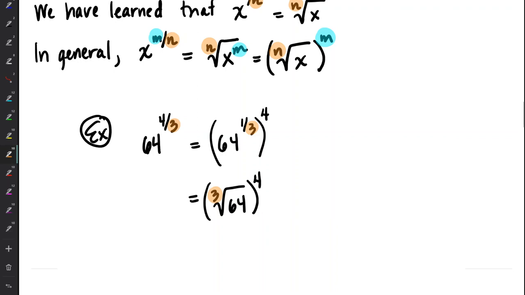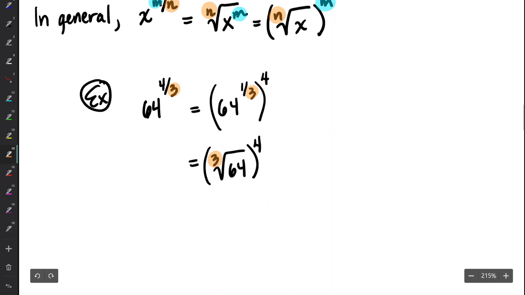I don't want to do 64 to the 4th, that's some big giant number, and then cube root it. I mean, I could, but 64 cube rooted is 4. And why is that? That's because 4 times 4 is 16, times 4 is 64. So 4 cubed is 64.